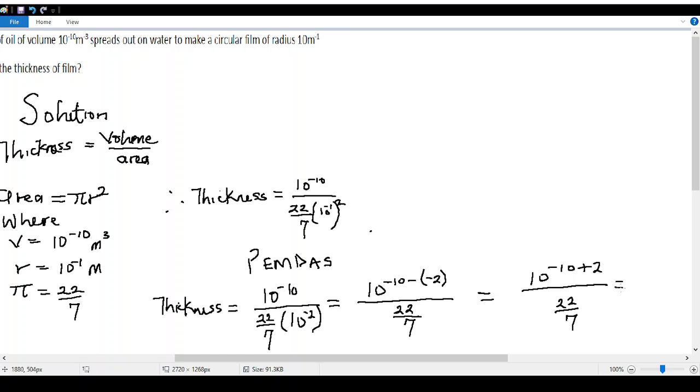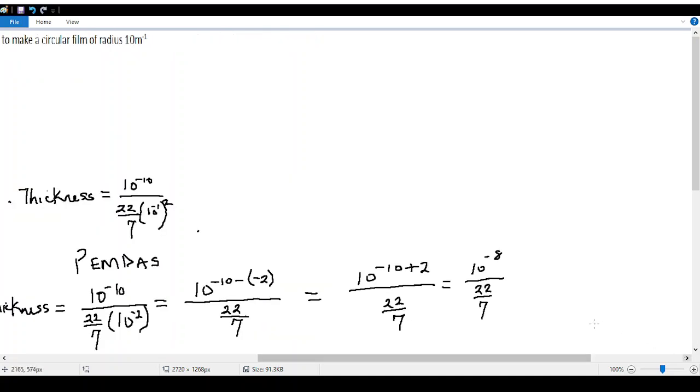What we have here is minus 10 plus 2 gives you minus 8. So we have here 10 raised to power minus 8 all over 22 over 7.